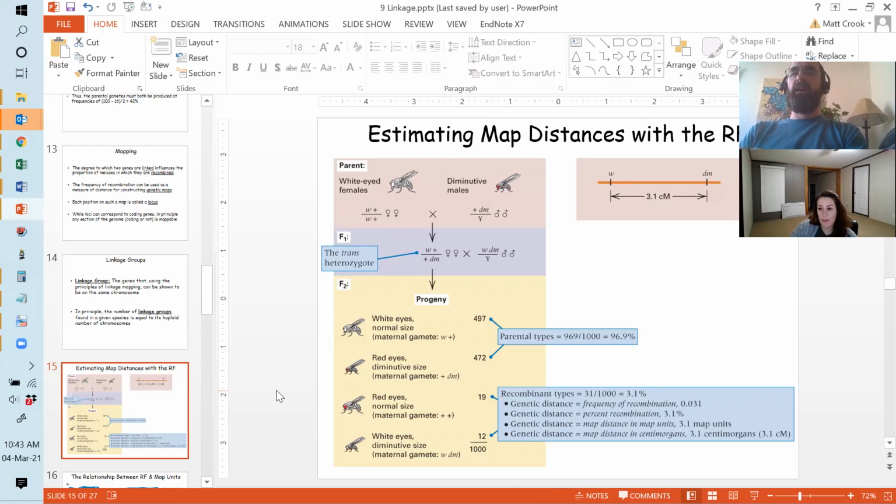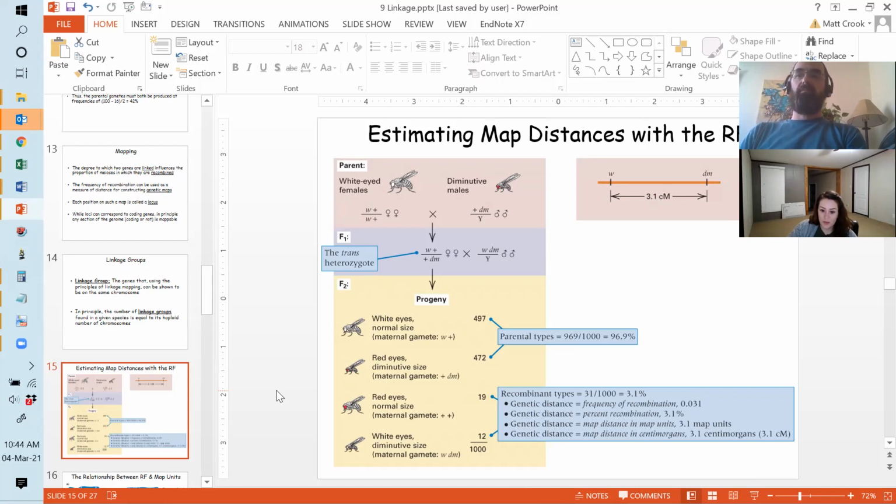So what would you expect if two genes were closer together? What would happen to the probability of recombination between them? Would it increase as those genes get closer together? You're going to get more recombination? Or would it decrease as they get closer together? It would decrease, right?